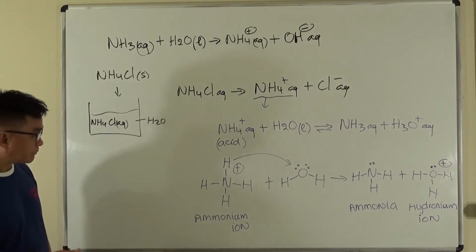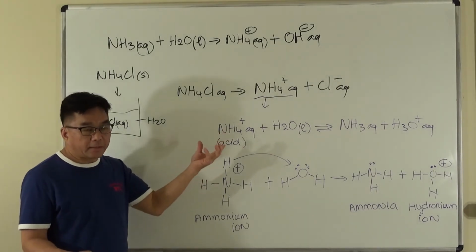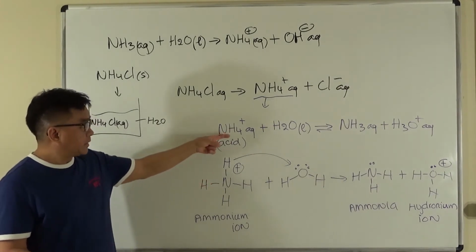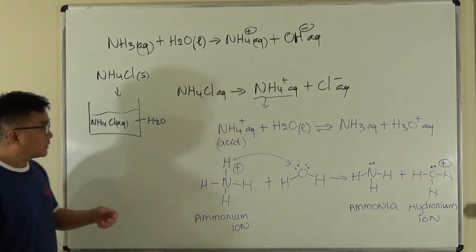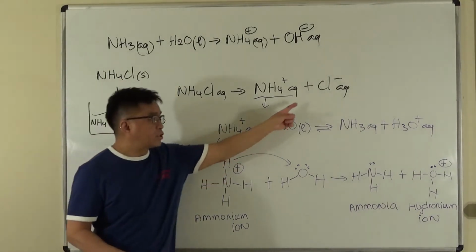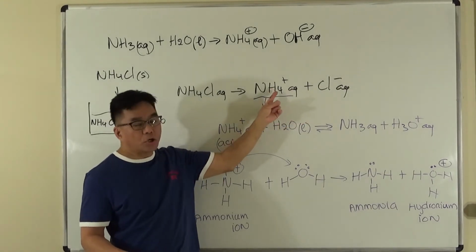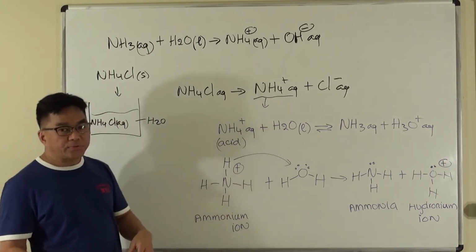Now where do you get the ammonium ion? You cannot have a compound that has a positive charge by itself. It always comes as a neutral compound. So usually it comes as ammonium chloride, where the chloride is a negatively charged ion that balances out the positive charge, but when you dissolve it in water, it produces ions.